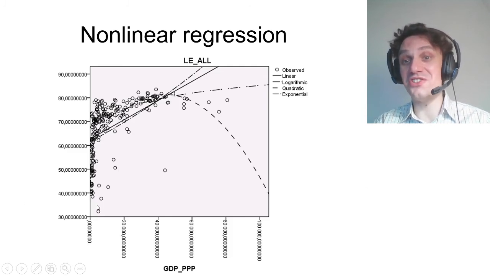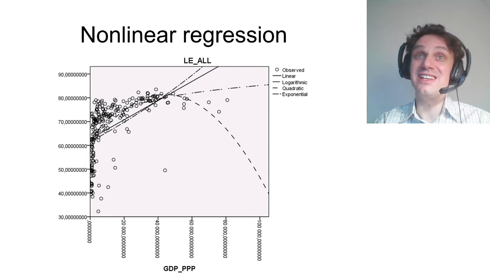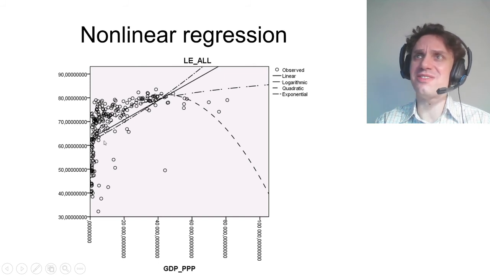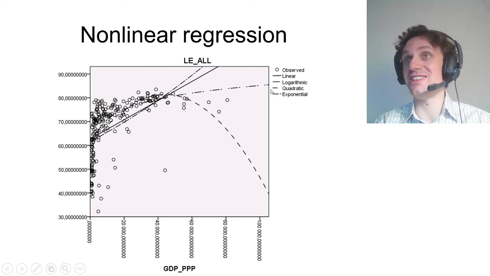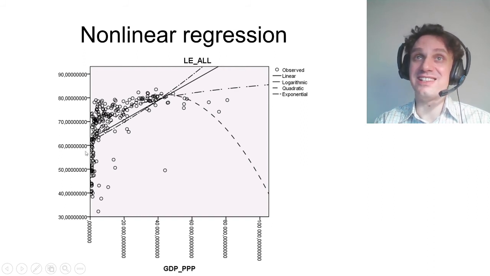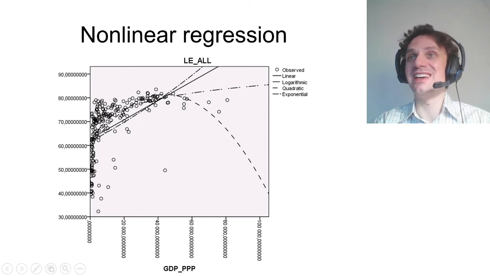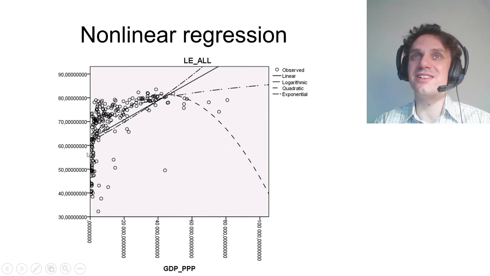If you look visually at the graph produced by SPSS, you see that a linear function, shown with the complete line, does a fairly bad job at capturing these two variables. Quadratic function, which is this one, an inverted parabola, fares slightly better, but logarithmic function, this one, line point, line point, is the best.